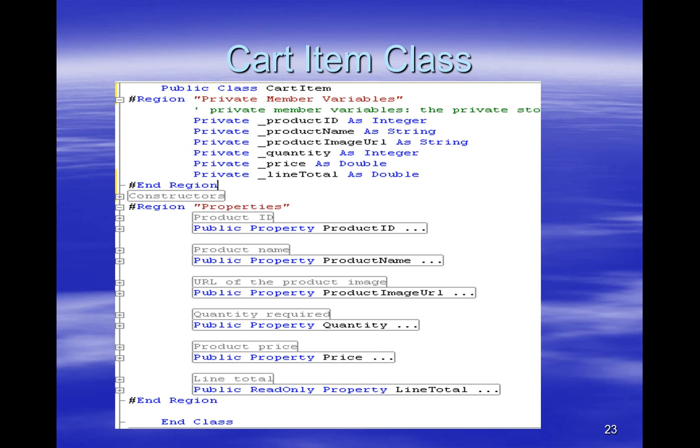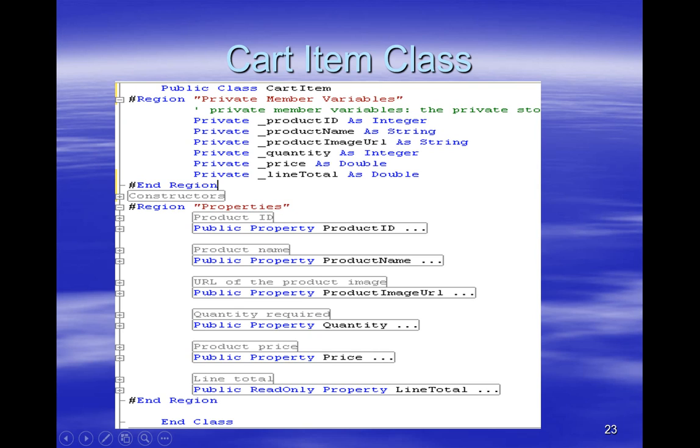Next is the quantity of that product, then the unit price, and also the line total. The line total is equivalent to the unit price times the quantity of that item. And then it has public property methods, such as product ID.